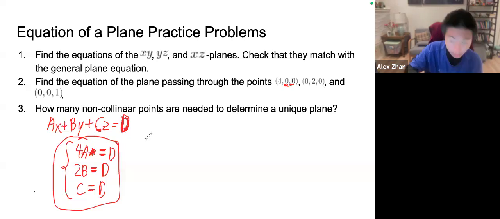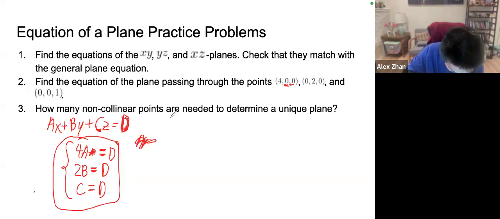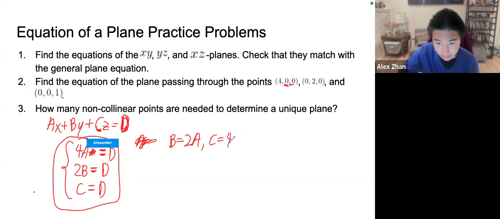Okay. So after this, we basically just have to solve, although this alone is not enough. So why don't we set some other constant? Let's write everything in terms of a. If we do this, then b is equal to 2a, c is equal to 4a, and d equals 4a.